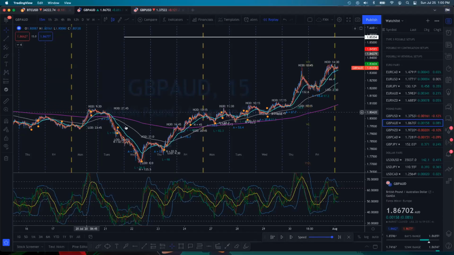So this week here, what was the cycle then, the weekly cycle? Market maker, yes.